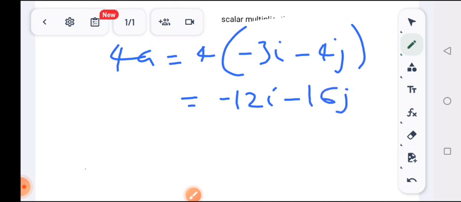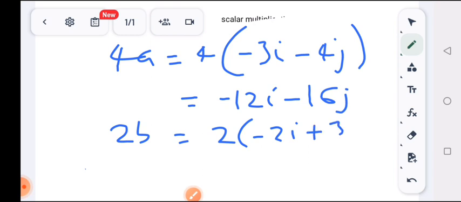Then our 2b will be 2 brackets minus 2i plus 3j. So if we do this correctly, this will be minus 4i plus 6j. So we have 4a to be minus 12i minus 16j, and 2b to be minus 4i plus 6j. So we bring them together.